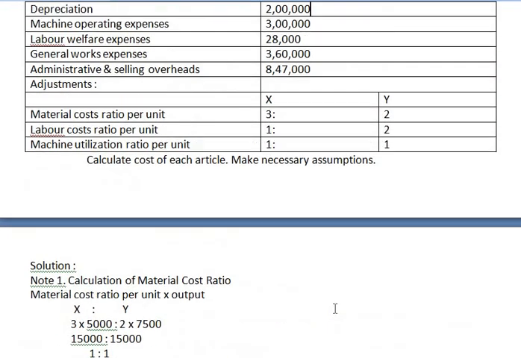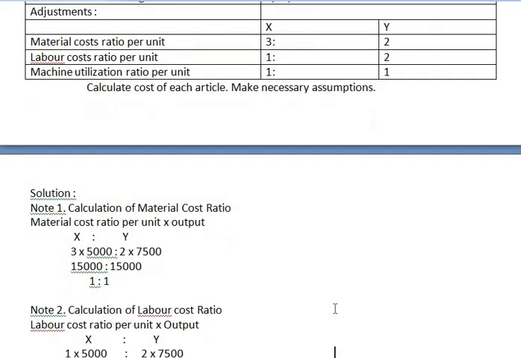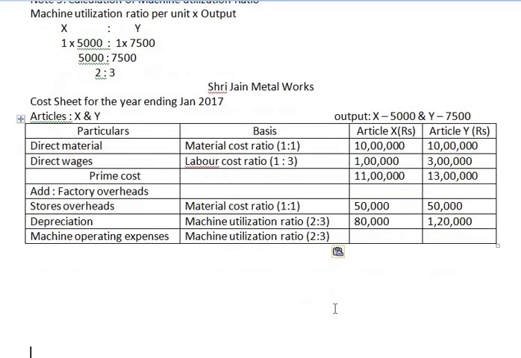Amount is 3 lakhs. Divide this into 2:3. So it is 1,20,000 and here it is 1,80,000.